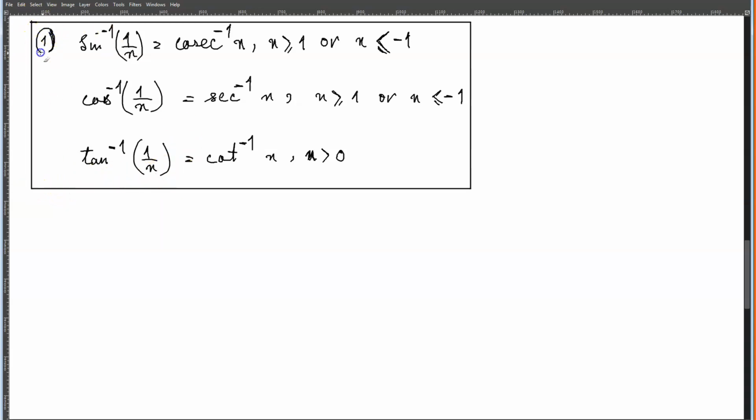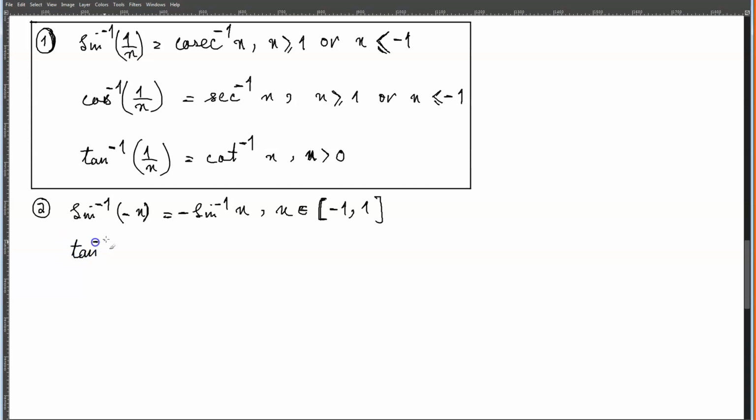The second set of results, so this I'm going to call 1. We said that sine inverse of negative x is equal to negative sine inverse of x for x belonging to the interval negative 1 to 1.